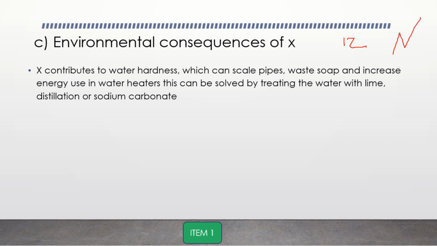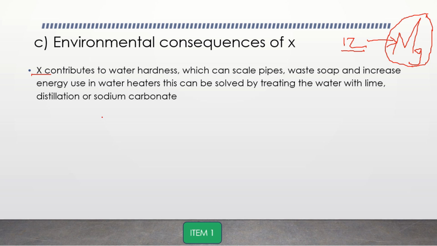Therefore, we have got to know what this is. It is magnesium. They want us to give the side effects of magnesium to the environment. But remember that whenever you give a side effect, you should also follow it with a solution. You've used this to identify that the element is magnesium, but when giving your solutions, don't talk about magnesium.